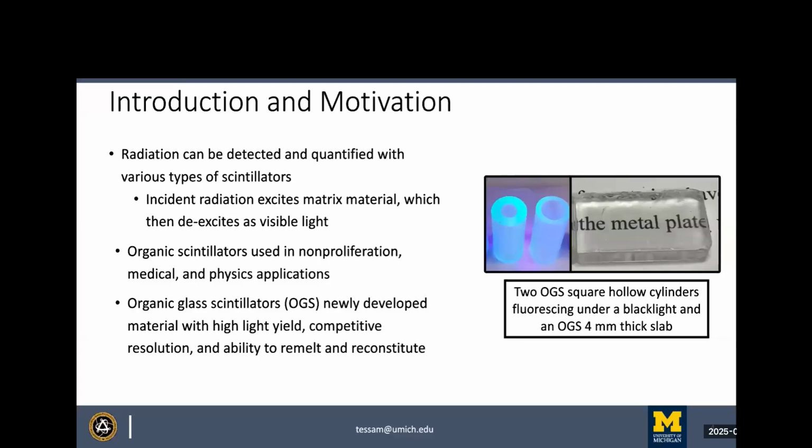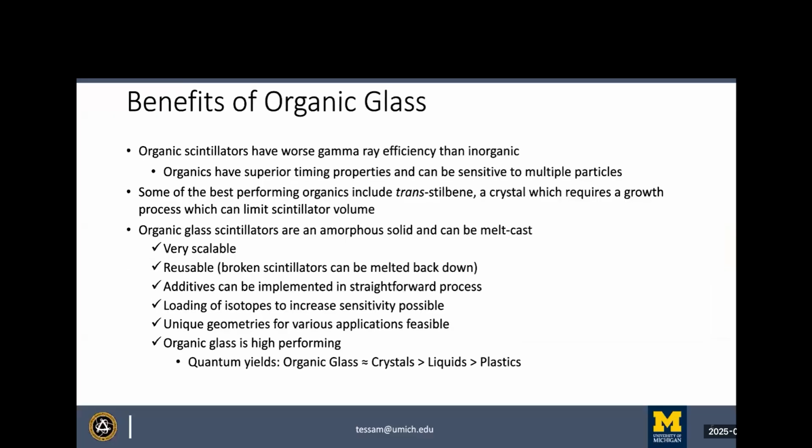Organic glass scintillators in particular are a newly developed material with high light yield, competitive resolution, and the ability to be remelted and reconstituted. You can see a couple of pictures of organic glass scintillators over there on the right, with the hollow cylinders fluorescing under a black light, visually showing the scintillation properties.